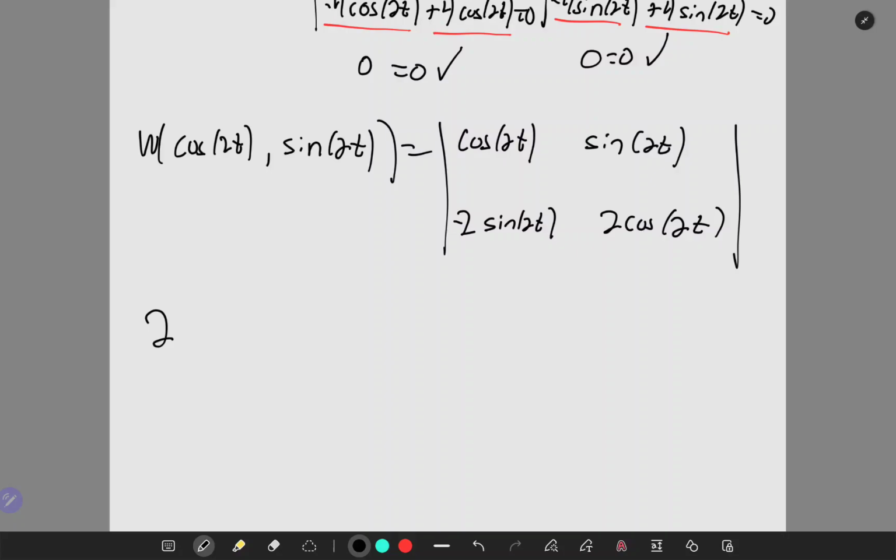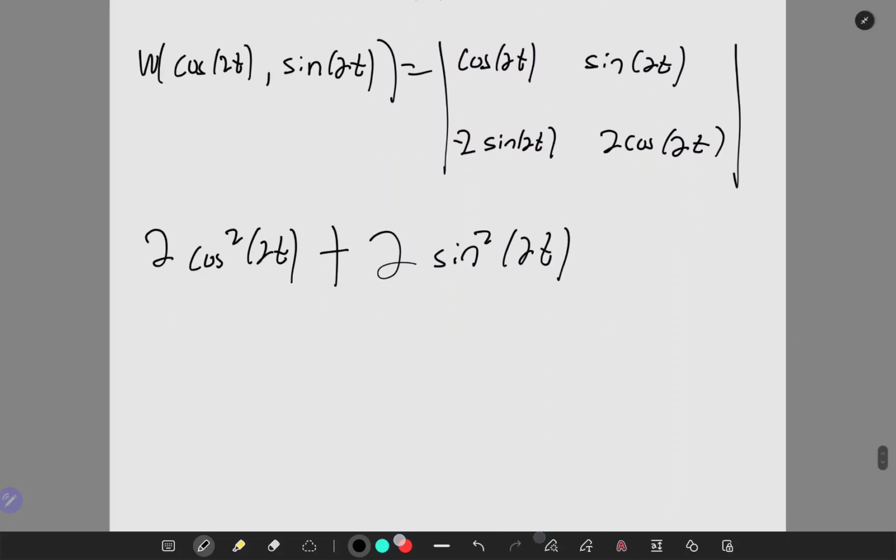This would become 2 cosine squared 2t. Minus, but we have this minus here, so that becomes plus 2 sine squared of 2t. And this is an identity, right? So remember that this plus this is 1.